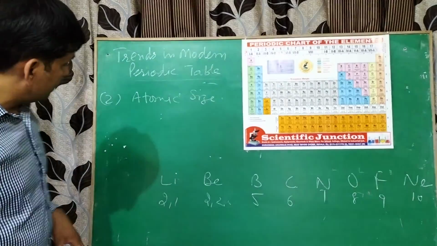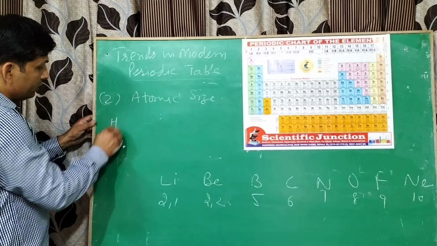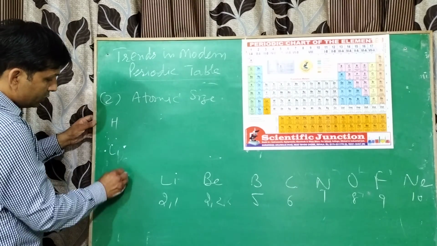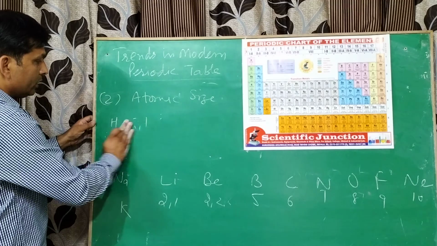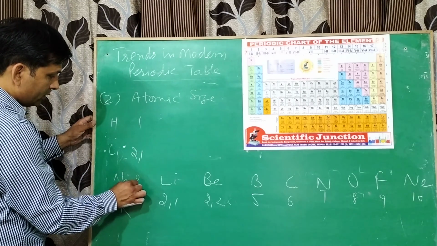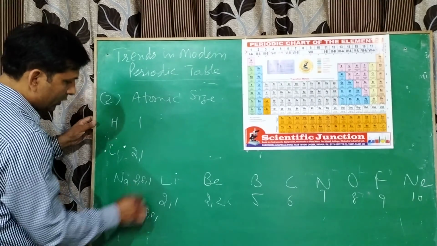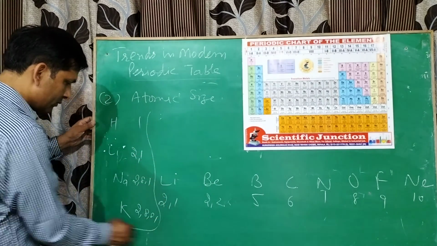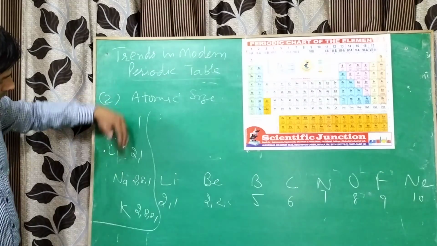Now let's take the example of the first group: hydrogen, lithium, sodium, potassium, with configurations 1, 2,1, 2,8,1, then 2,8,8,1. The number of shells is increasing as we go down in a group.